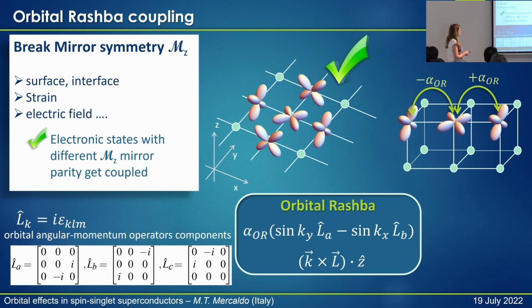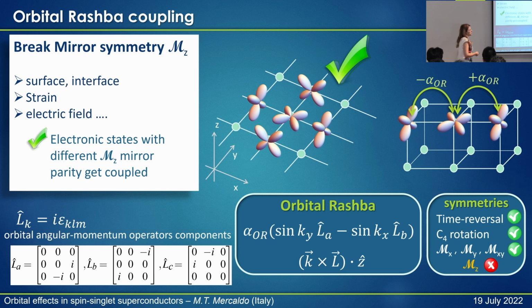And these can be written using the orbital angular momentum operators components in this form if we are using a tight-binding model, for example, on a lattice, or a continuum model. This orbital Rashba term is the analog of the spin Rashba term, just that we replace the Pauli matrices with the orbital moment. About symmetries, time reversal is conserved, C4 rotation is conserved, and the vertical mirror symmetries are conserved, but we have a breaking of inversion and MZ.